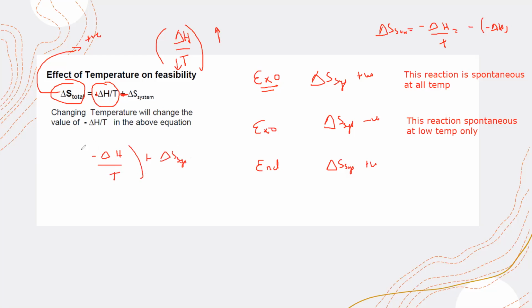I want this fraction, because this is a negative value, it will make the total entropy negative. I want this value to be smaller. So if I want this value to be smaller, I should increase the temperature. So this reaction is spontaneous at high temperature.